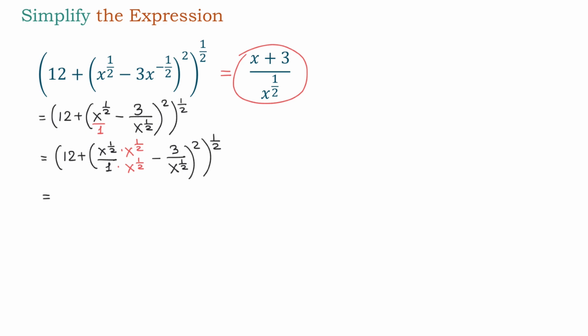Then this equals 12 plus, then here when we multiply we need to add the exponents, and 1/2 plus 1/2 is 1. So we will have x to the first power, or just x, over x to the 1/2 minus 3 over x to the 1/2 all squared, then to the 1/2.